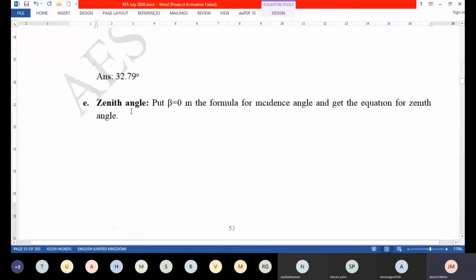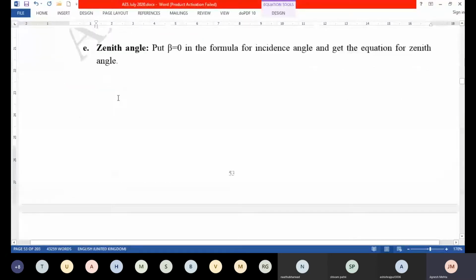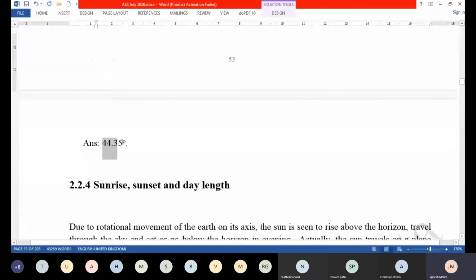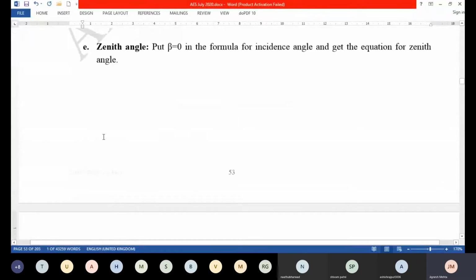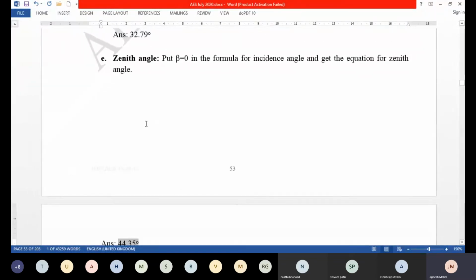And if you find out the zenith angle, using that simplified formula, you will get that the zenith angle is 44.35 degrees, right? So at least at this point of time, you can observe that your incidence angle is less than the zenith angle. That tells you that there is an advantage in keeping the collector inclined to the horizontal plane.